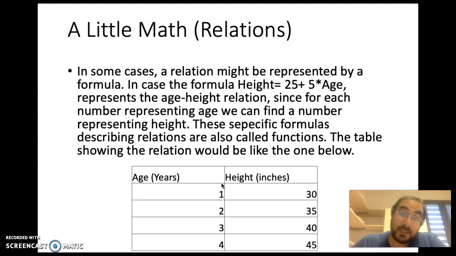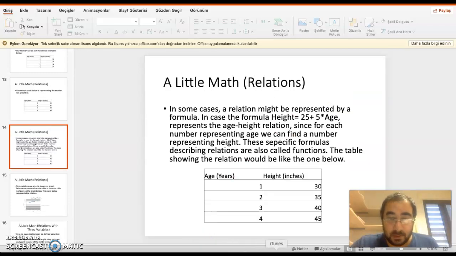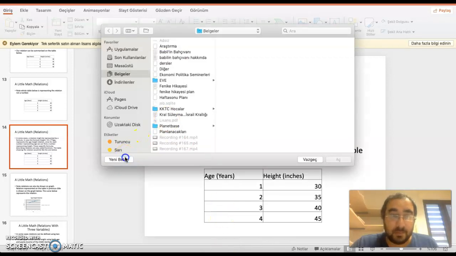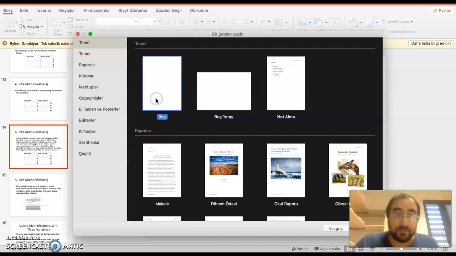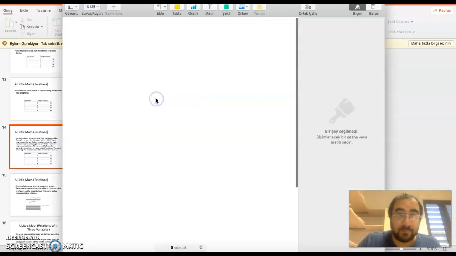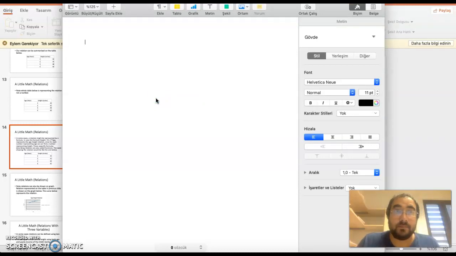A relation can also be expressed in a formula. For example, we do it this way: height is equal to 25 plus 5 times h.